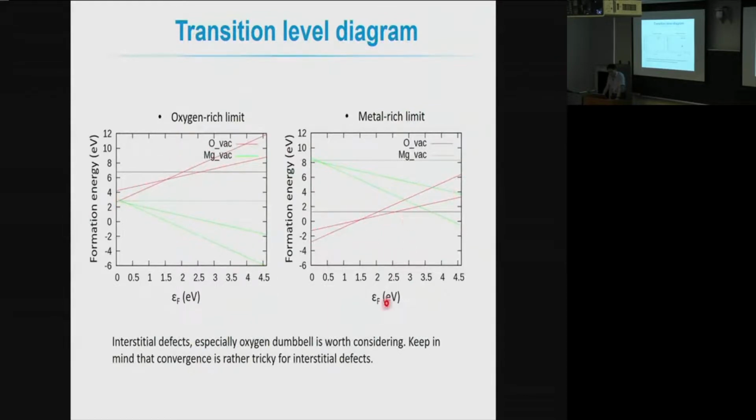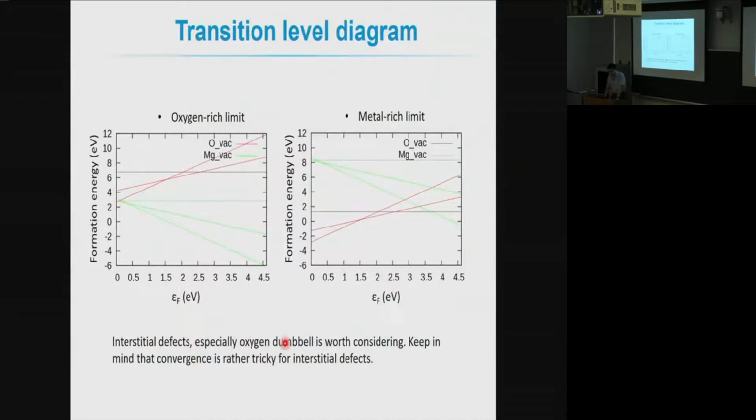All right. Here we have considered the oxygen vacancy and magnesium vacancy, but in fact, in MgO, interstitial defects, especially the oxygen dumbbell, can usually be considered, and sometimes this is reflected in the literature, with calculations on the oxygen dumbbell in magnesium oxide.